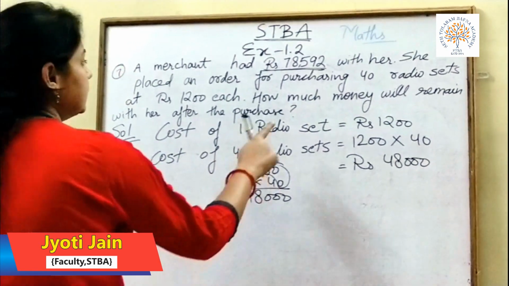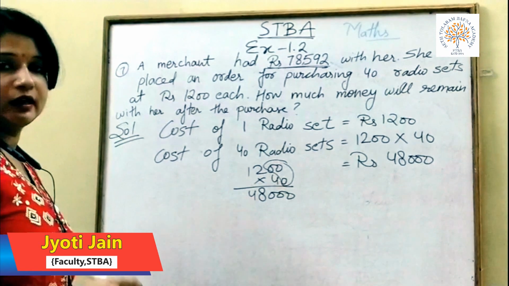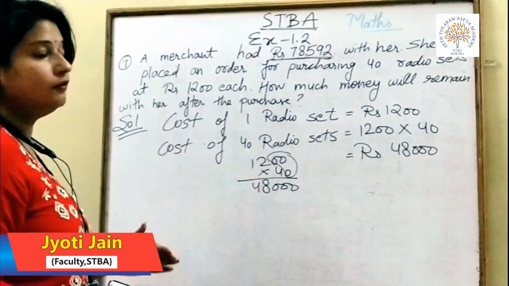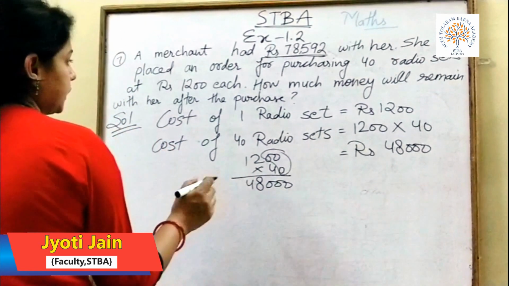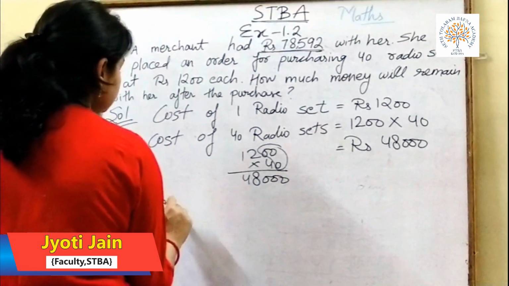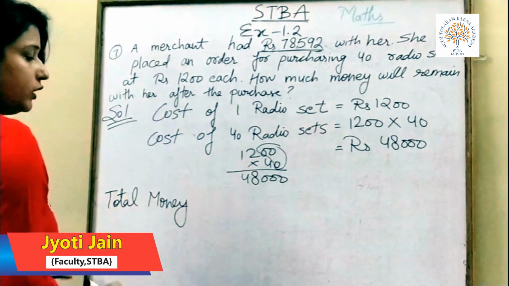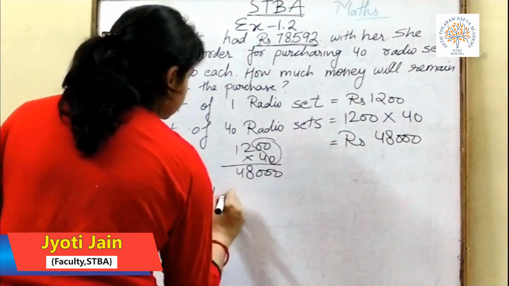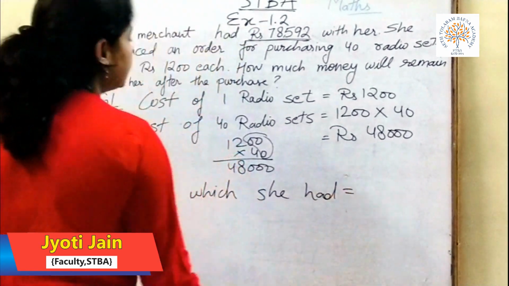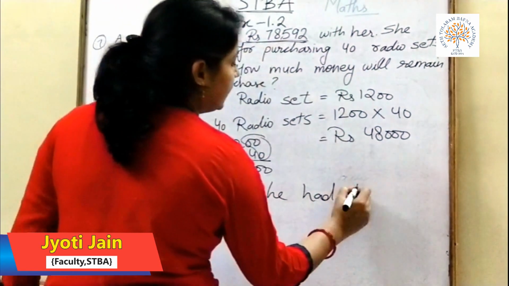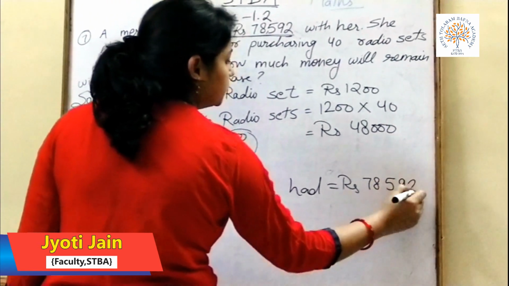So now next is how much money will remain with her after the purchase. यानी purchase करने के बाद how much money will remain with her, कितना पैसा उसके पास रहेगा. So for that, total money which she had. In the starting she had rupees 78,592.